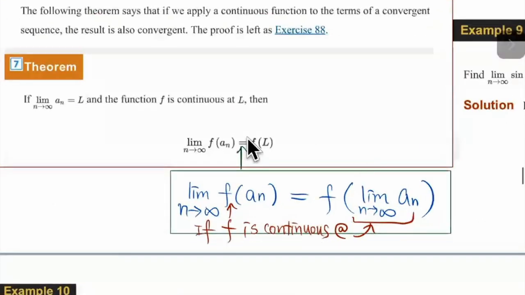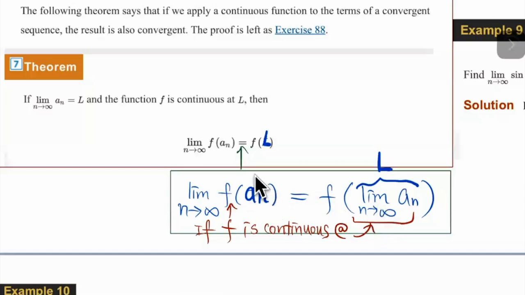Now here is the theorem over here. It says that if the limit of a_n is equal to L, so this a_n, as n goes to infinity, approaches L, then if you have a continuous function applied to the sequence, the limit of the function of this sequence is the function of the limit.